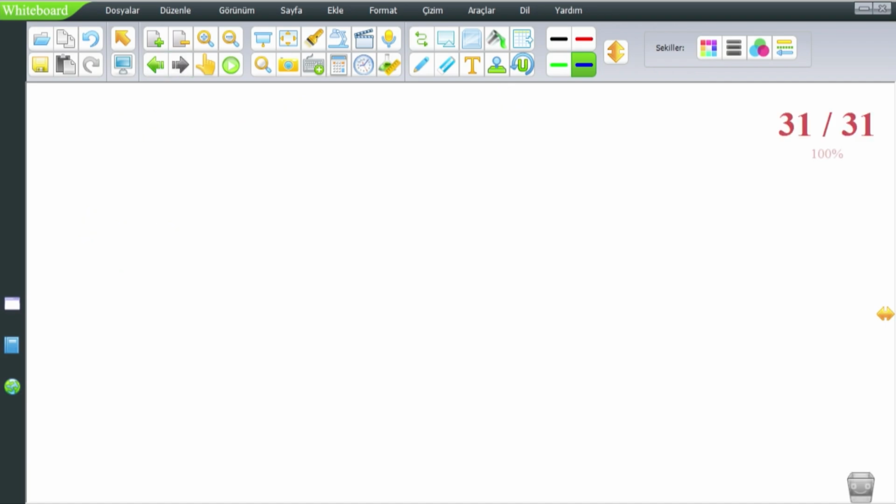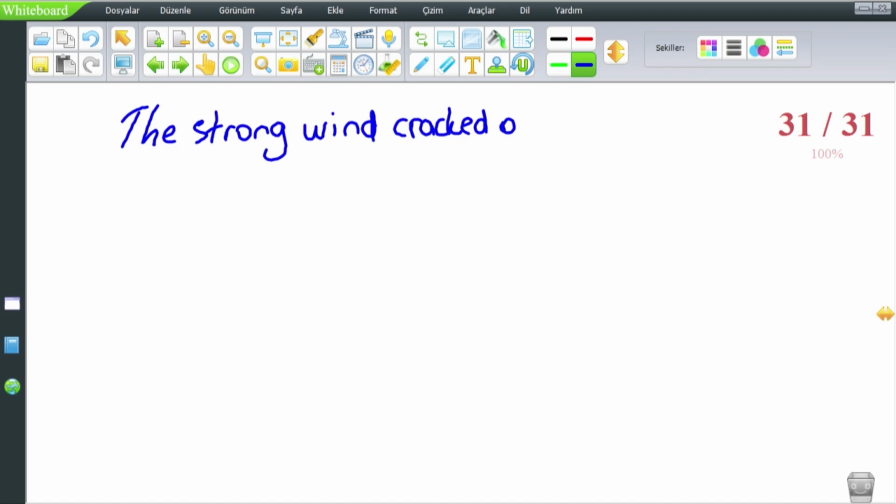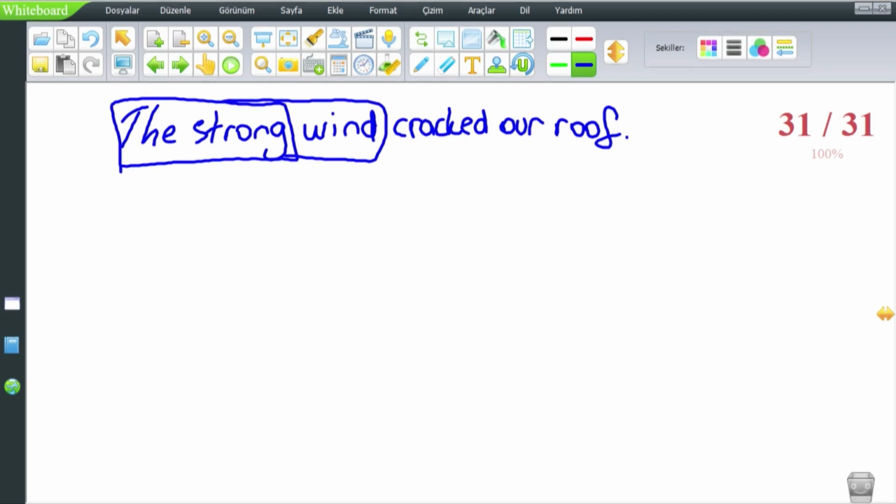One more example. The strong wind cracked our roof. Subject here is the strong wind.